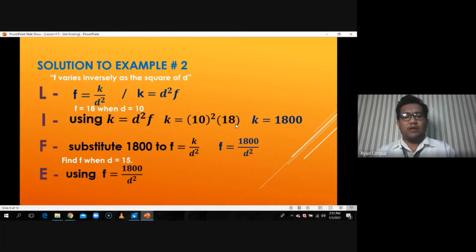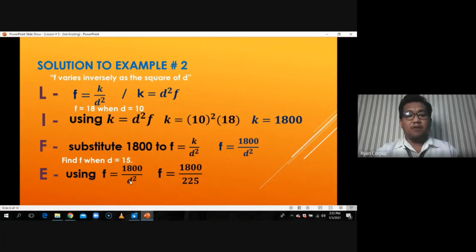It was already equated to F. All we have to do is substitute 15 in place of D. So we come up with F is equal to 1,800 over 225. Why 225? Because when we substitute 15 in place of D, it becomes 15 squared, and 15 times 15 is equal to 225.